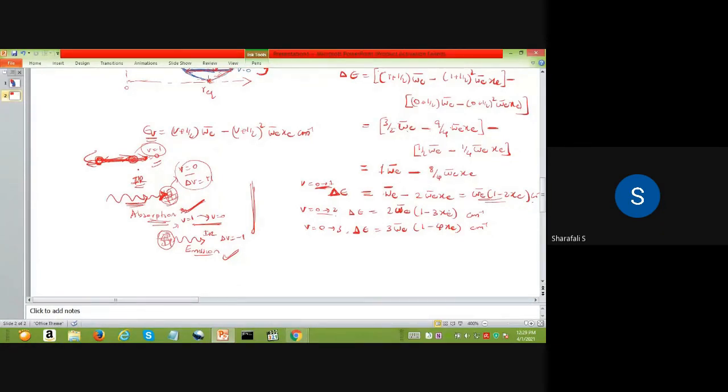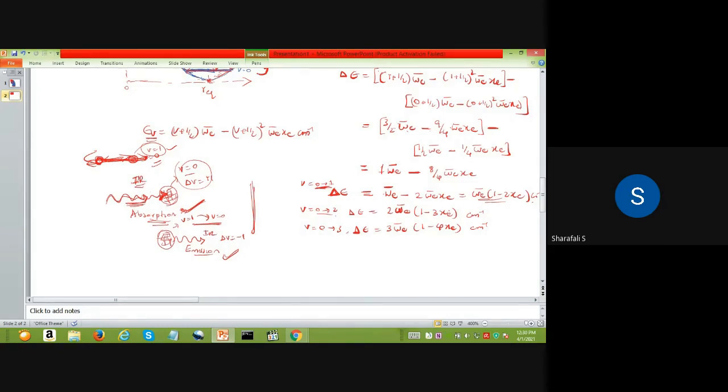If you go to V equal to 1, 2, 3, higher V values, the number of vibrations for that diatomic molecule per second will be larger. So if it is absorbing some radiation, its vibrational frequency increases, which means the number of vibrations per second will increase.